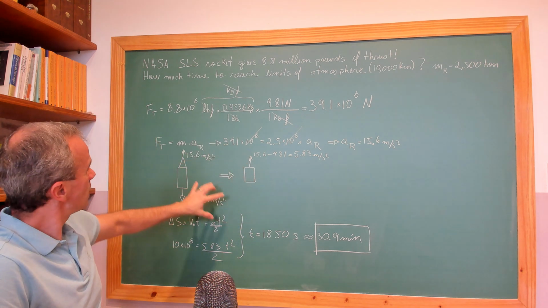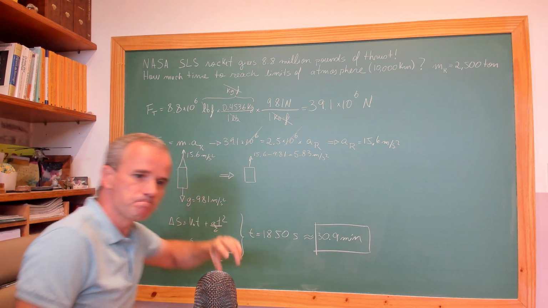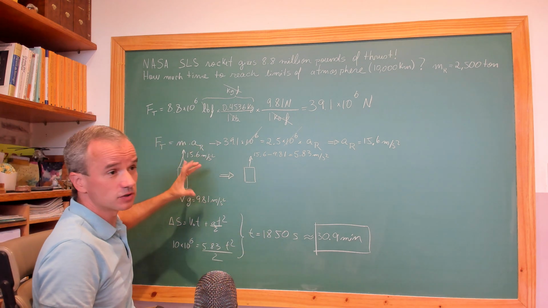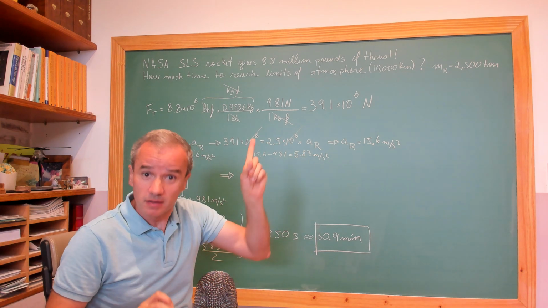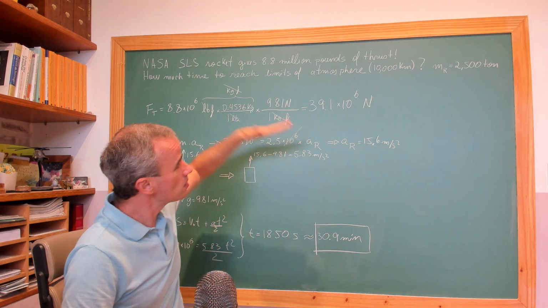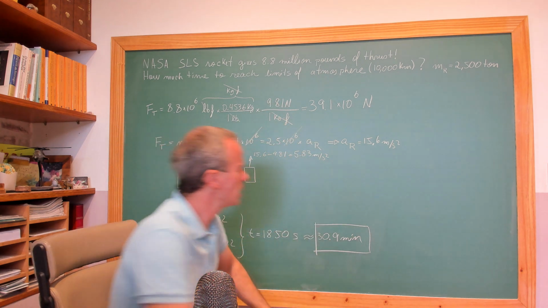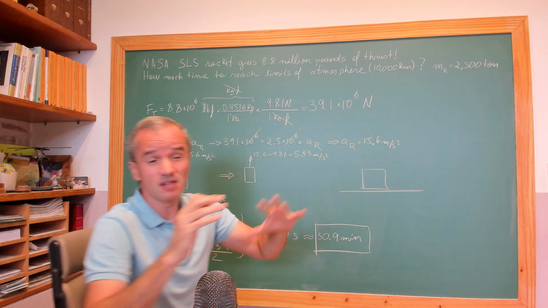I just wanted to discuss this with you. Why did I want to discuss this, messing with accelerations? Because please take a look at the next video, because the next video is going to deal with the same problem, but it's going to be horizontal. And when it's horizontal, you might not understand very well.